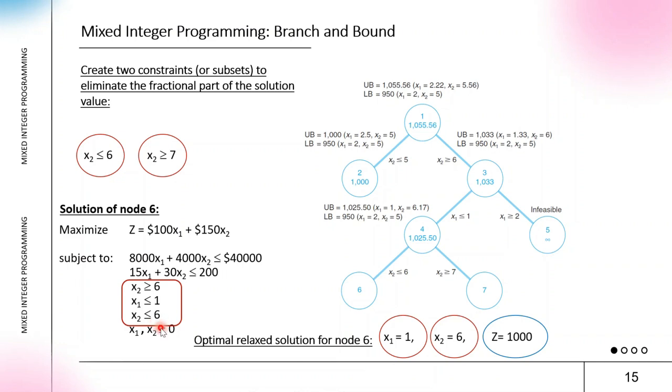In this solution, x1 is 1, x2 is 6, with a profit of 1000. As we can see from this solution, both values are now integer, and this is a candidate integer solution for the optimization problem.